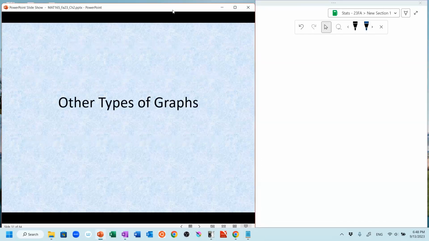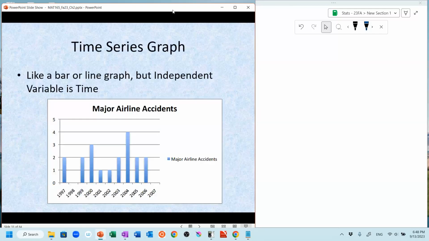Okay, some other types of graphs. As I mentioned before, a time series graph. Here's an example from a previous textbook we used to use, where it lists major airline accidents. And this is essentially a histogram, but the horizontal axis is related to time.